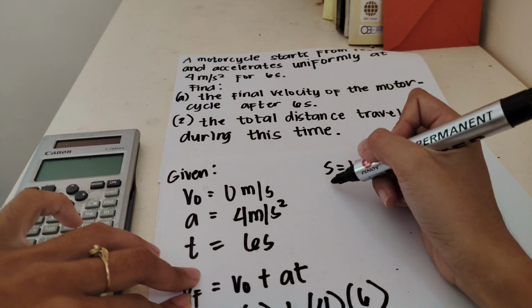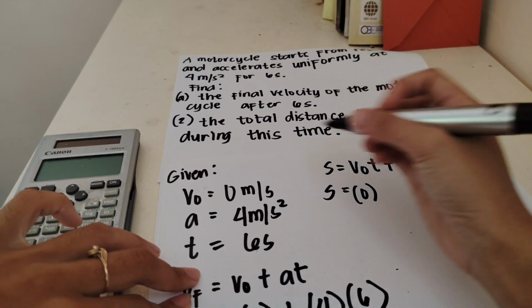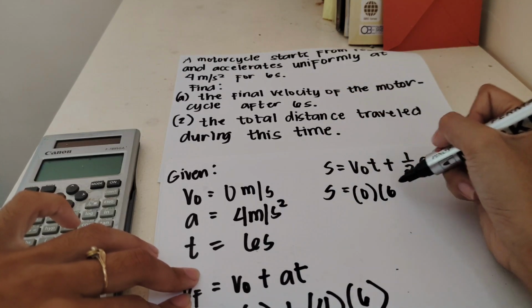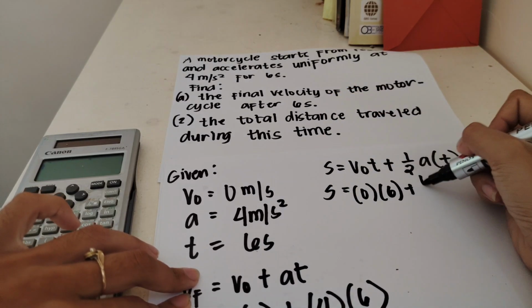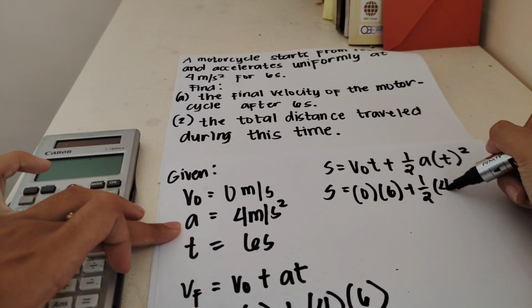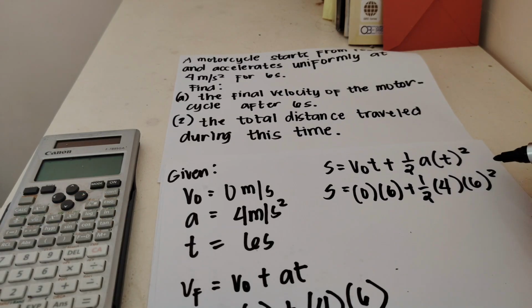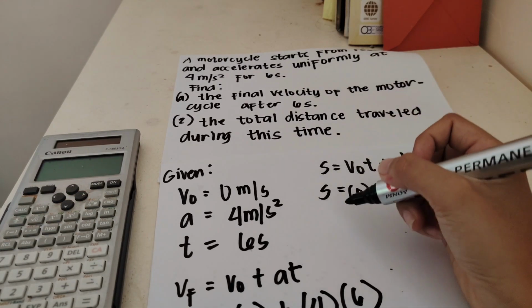So the distance, so initial velocity of 0, so we have the time of 6 plus 1/2 the acceleration of 4 and then the time of 6 squared. So let's calculate it.